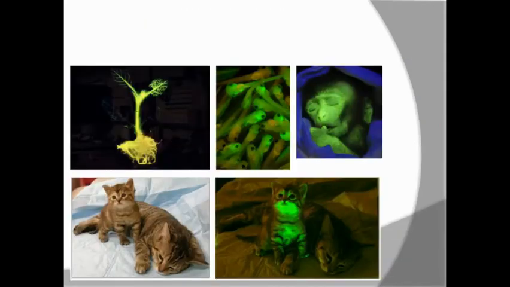Here's some examples of some of the first transgenic mammals and the first transgenic organisms that we produced. This particular picture on the top left is a tobacco plant that has been genetically modified to have the firefly luciferase gene inserted into it.